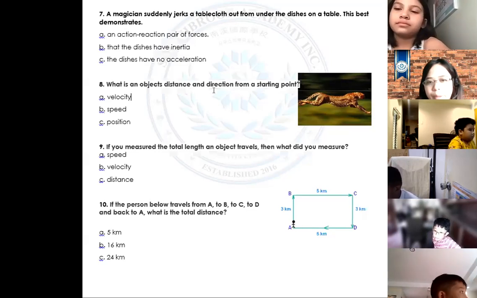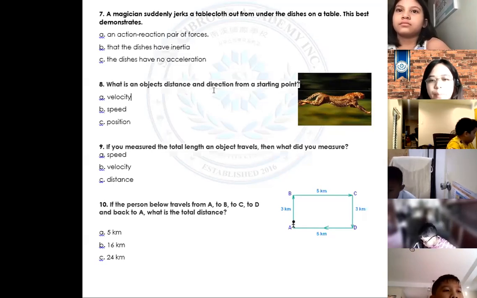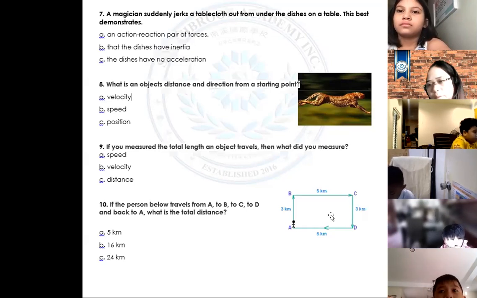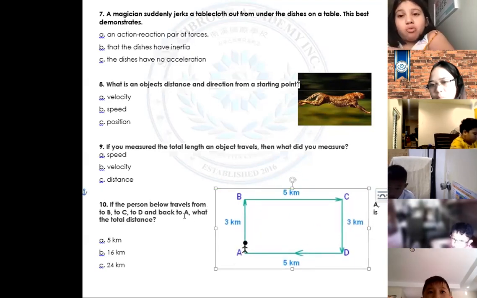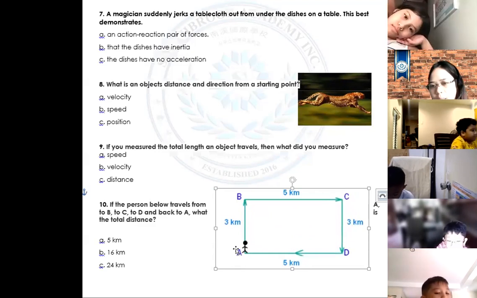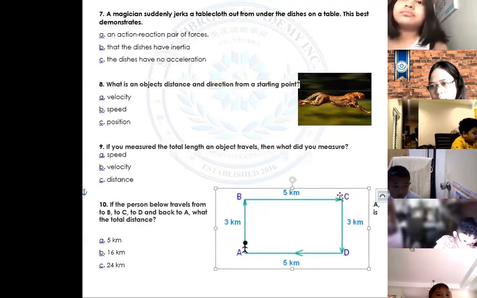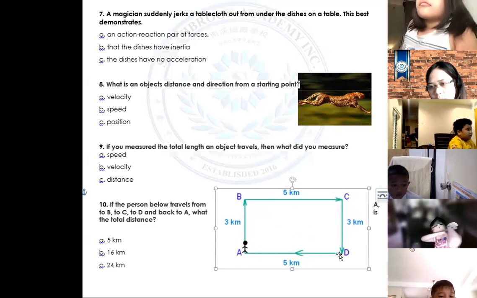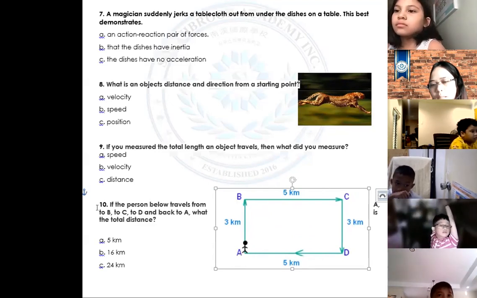All right, number 10. If a person below travels from A to B to C to D and then back to A, what is the total distance?